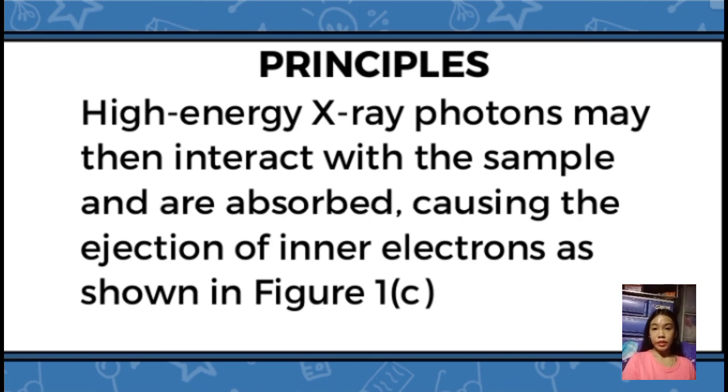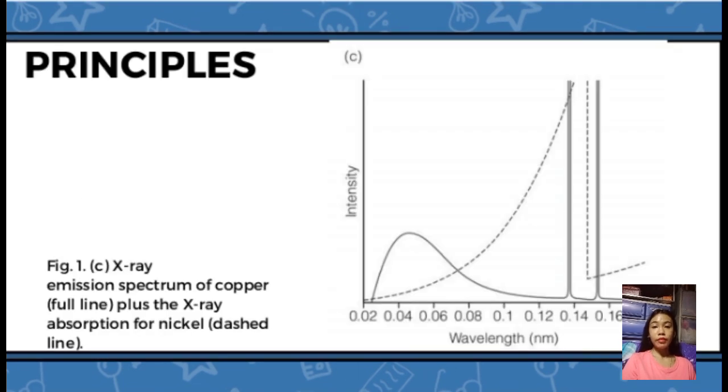X-ray fluorescence spectrum. High-energy X-ray photons can interact with a sample, causing the ejection of inner electrons. This interaction leads to the generation of an X-ray fluorescence emission spectrum. And then we have Auger effects.